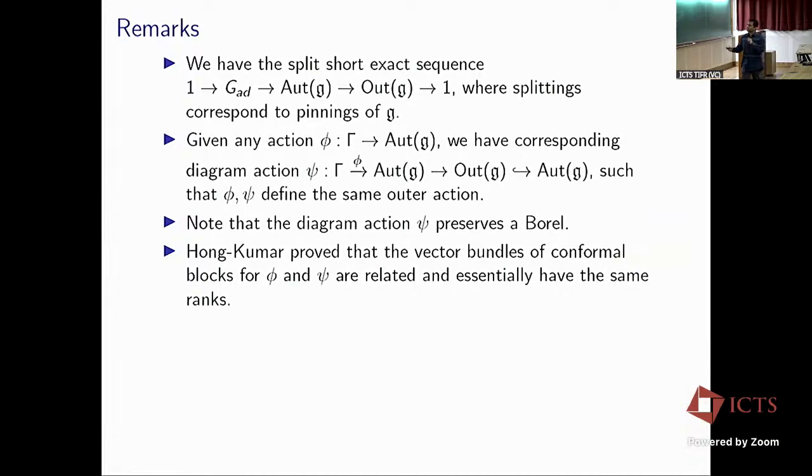But I've said essentially because the twisted affine Lie algebras are different for the action and the diagram action. You need to make some non-canonical choices, so the categories are not exactly the same; they are slightly different.